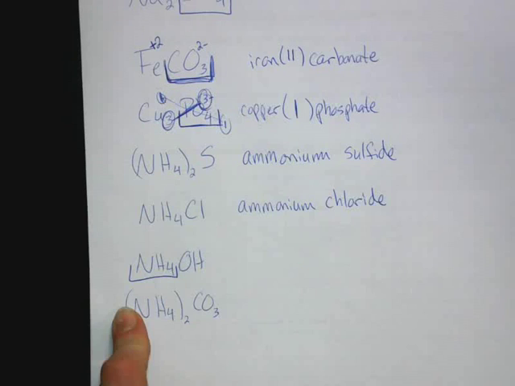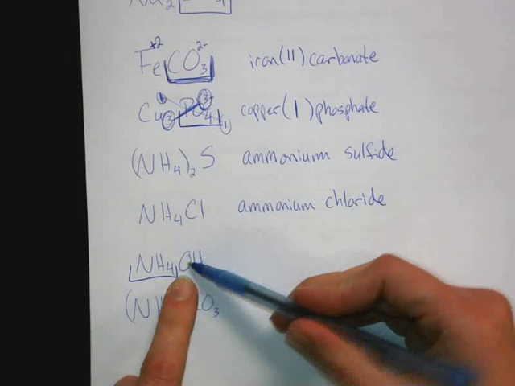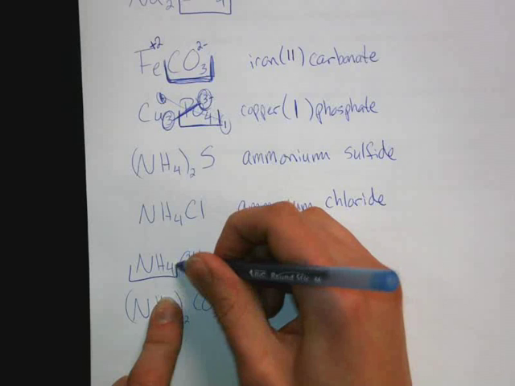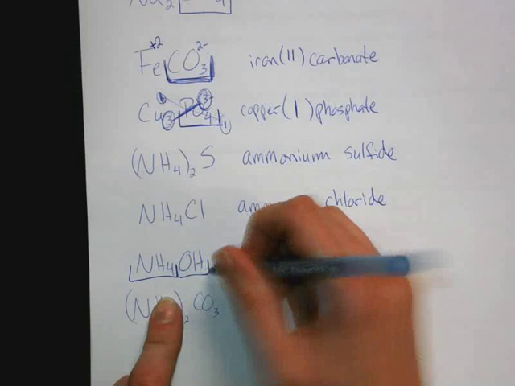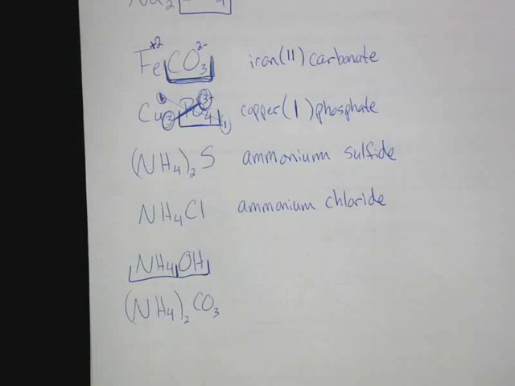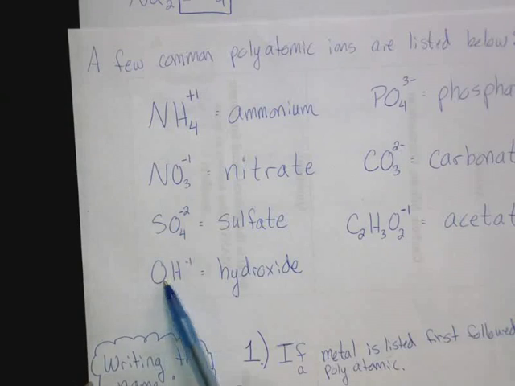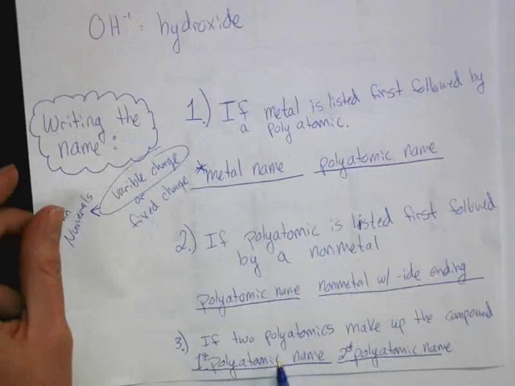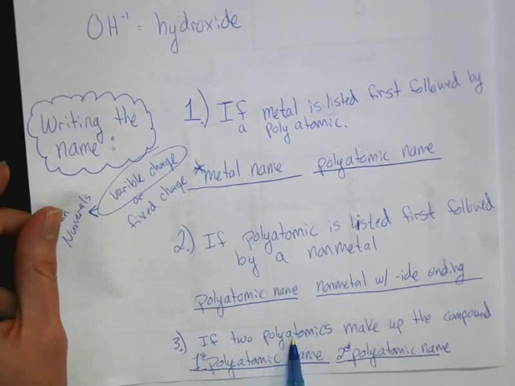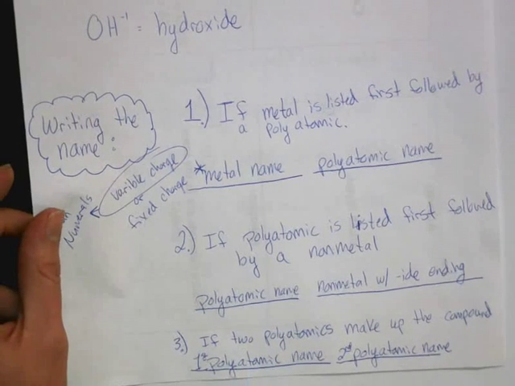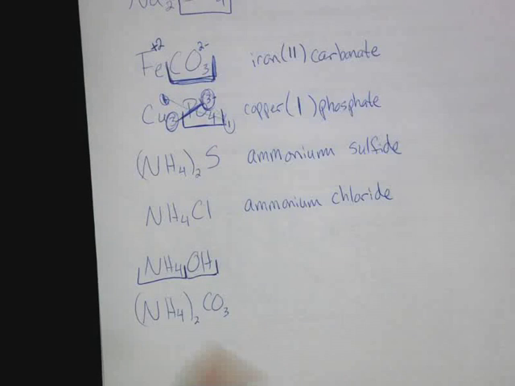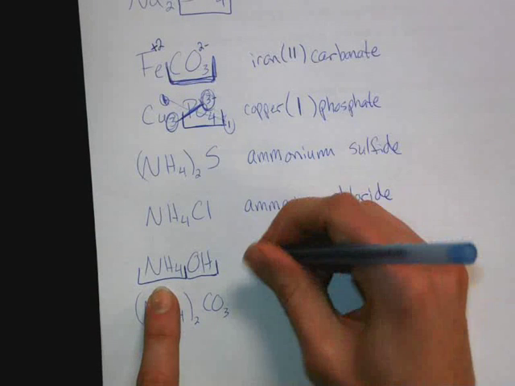NH4OH. Okay, now we've got NH4 to be a polyatomic, but then I have a capital letter and another capital letter. I've got a lot of capital letters. Turns out that this is another one of my polyatomics. The capital O, capital H, it's my hydroxide. So we're now moving into this third part. If I have multiple polyatomics, 2 polyatomics exactly, then I just use each of their names.